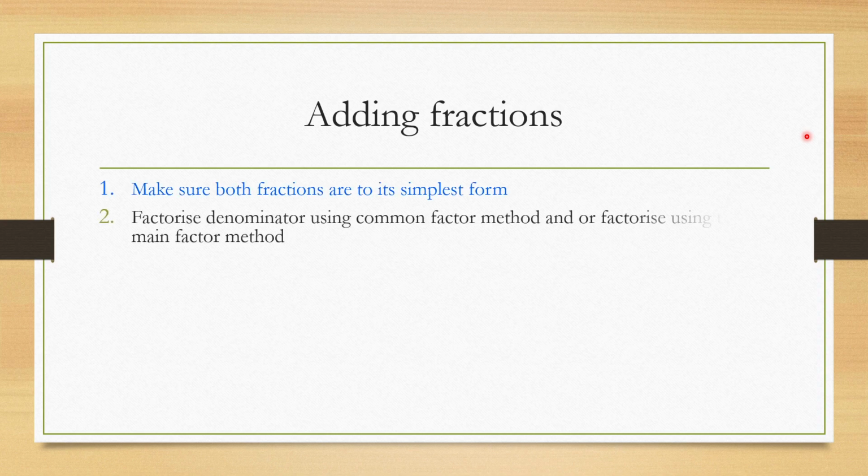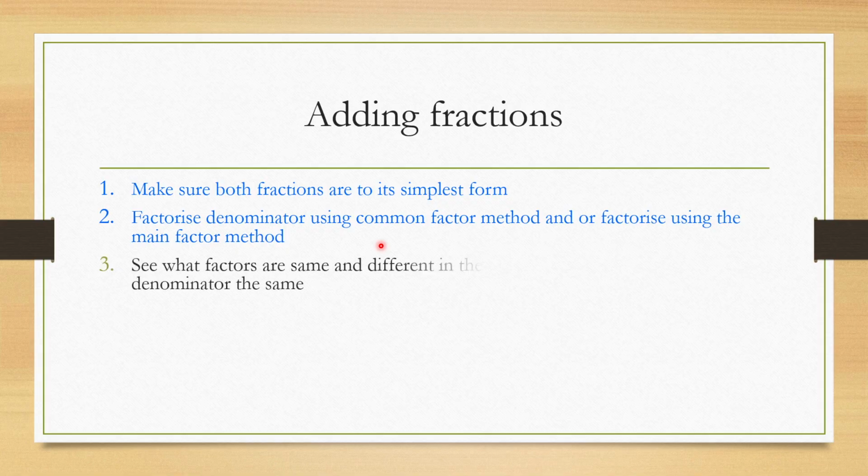Step 2: factorize the denominator using the common factor method, or factorize using the main factor method. Remember, I specifically said denominator. You're not going to touch the numerator yet.